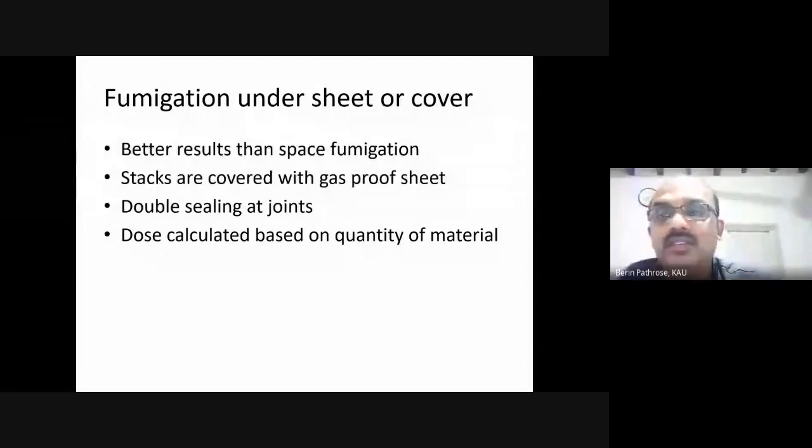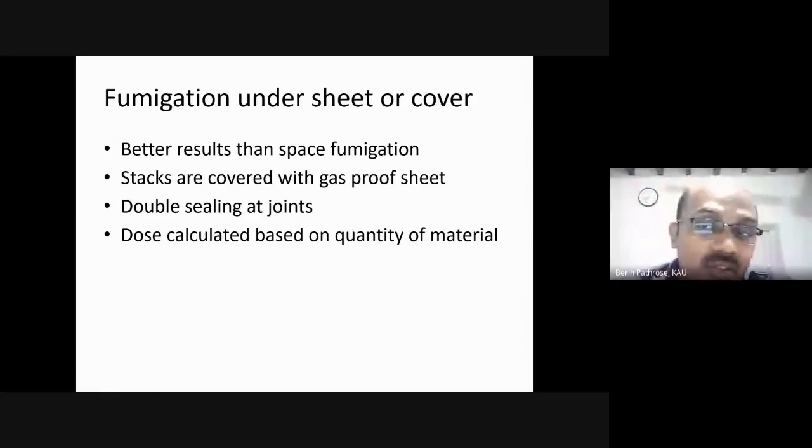I will cover the bags of grain with a thick polythene sheet without any openings. I will completely cover the grain, and I will release the fumigant under the sheet.